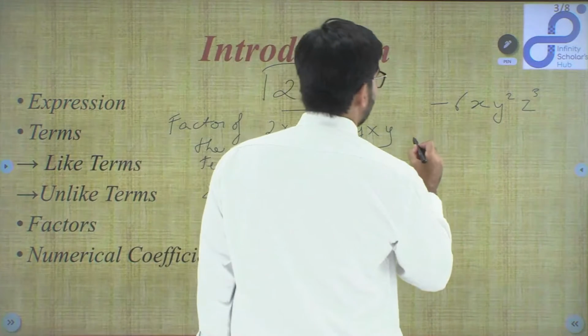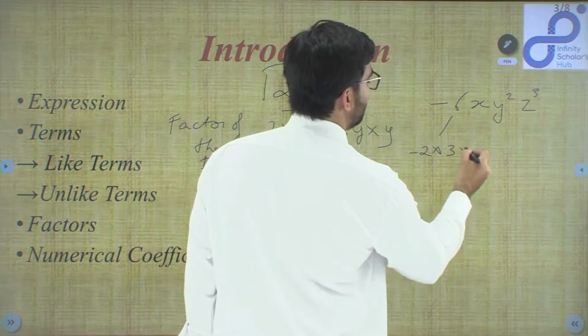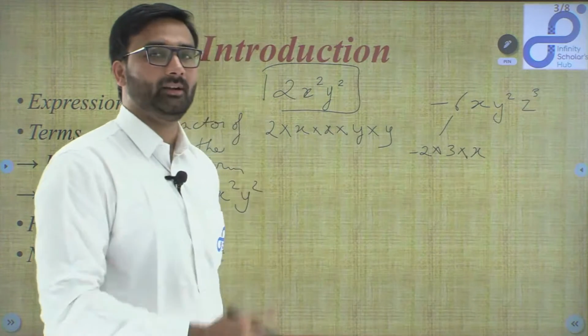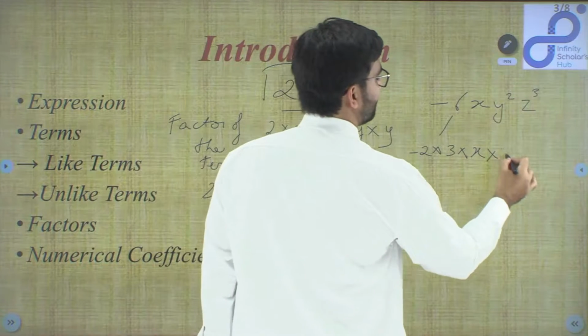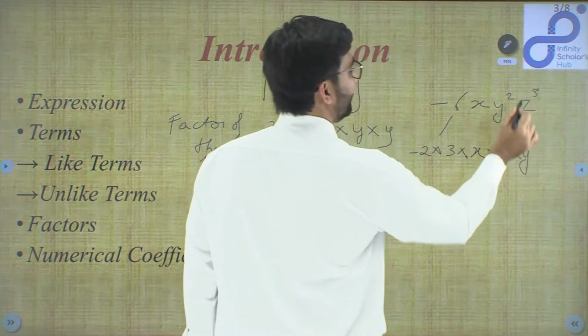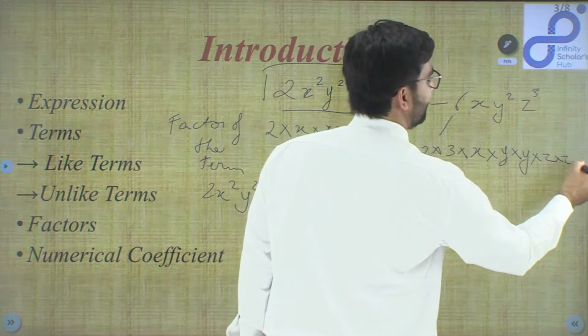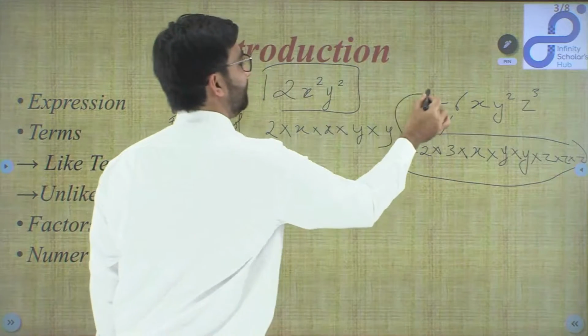Okay, so I will write -6 as -2 multiplied by 3 multiplied by this x will be written as it is, क्योंकि उसकी पावर 1 है तो एक ही बार मल्टीप्लाई किया गया है तो एक ही बार आएगा, multiplied by y squared is y multiplied by y multiplied by z cube is z multiplied by z multiplied by z. So ये जो है this is the factor of this term.